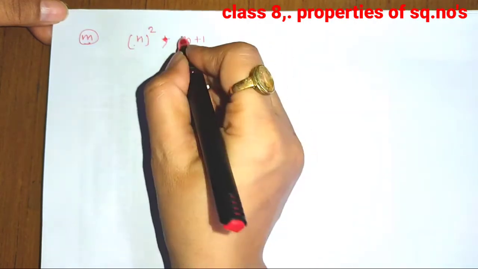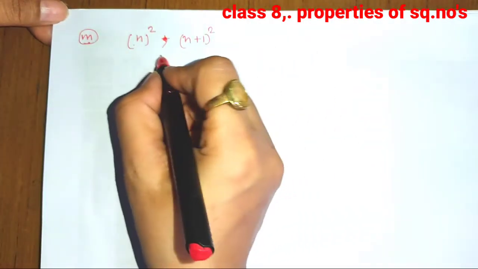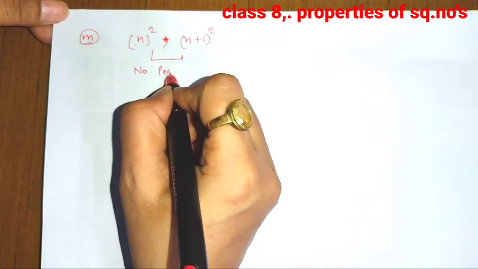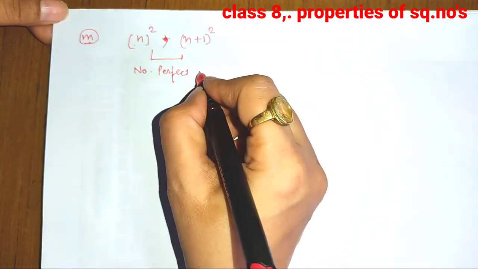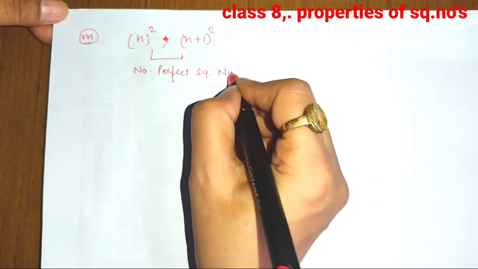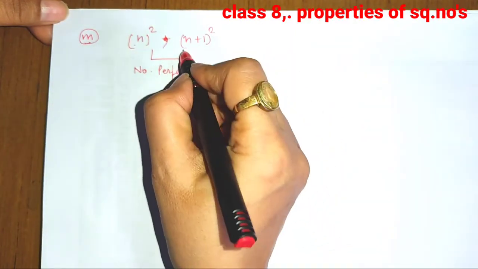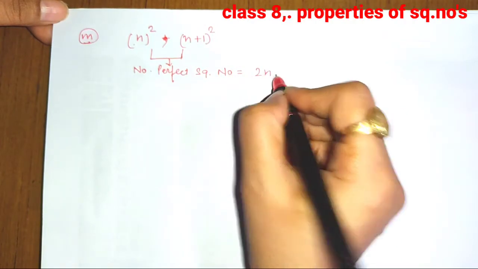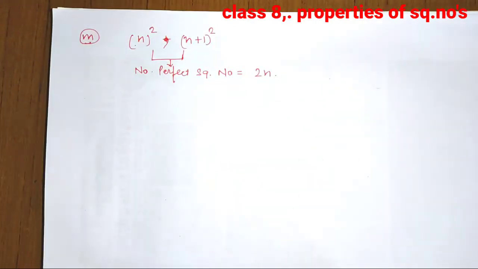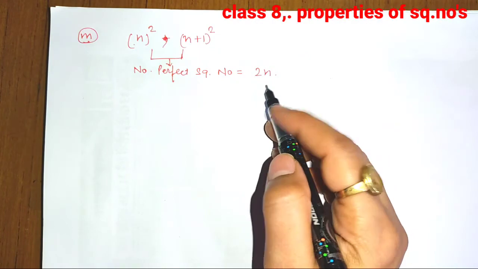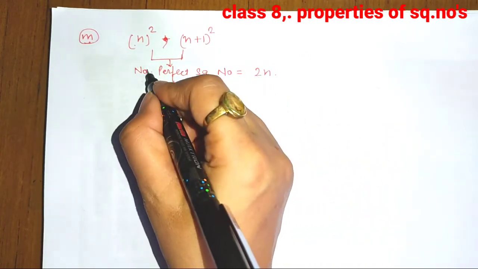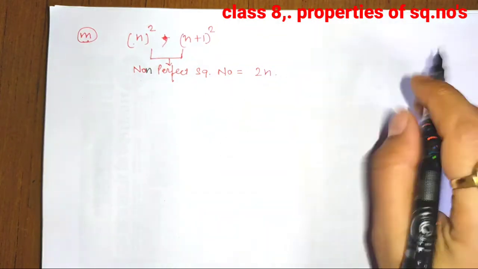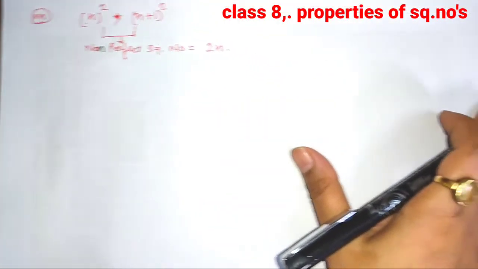When we square these two numbers, how many non perfect square numbers are there in between these two? There are 2n numbers, which are non perfect square numbers. So I can explain it by an example.